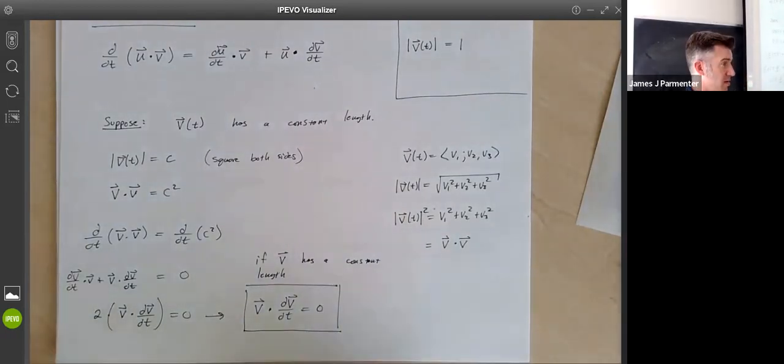I'm not saying either one of them is 0, because it's not necessarily the case, but their dot product is 0.